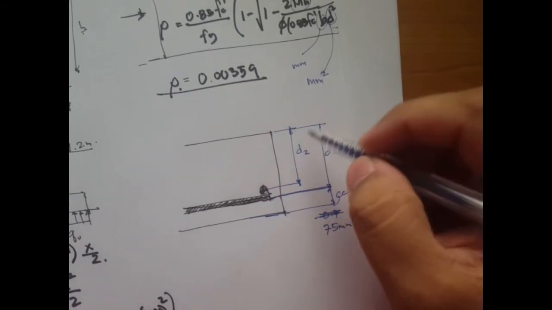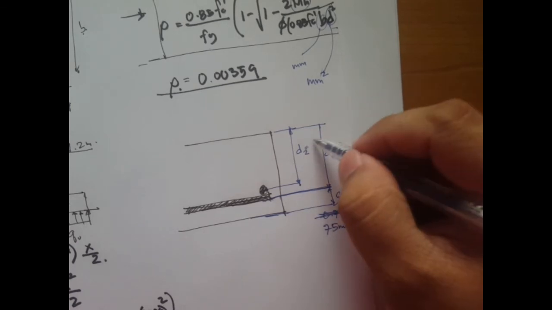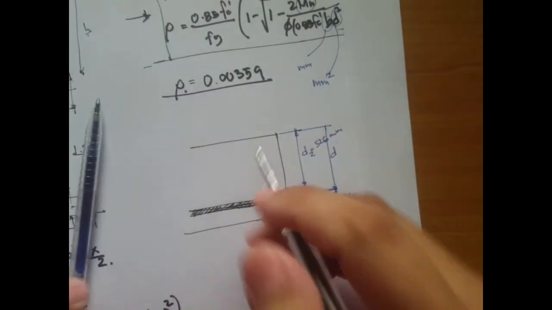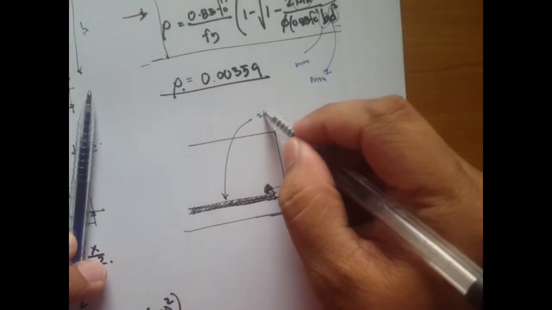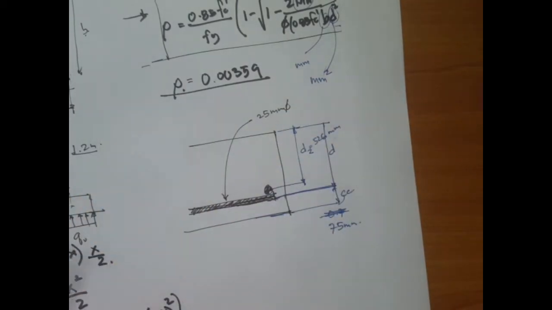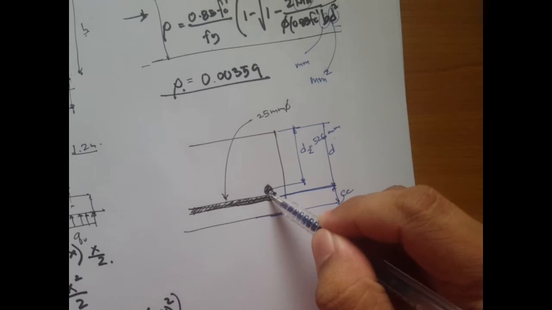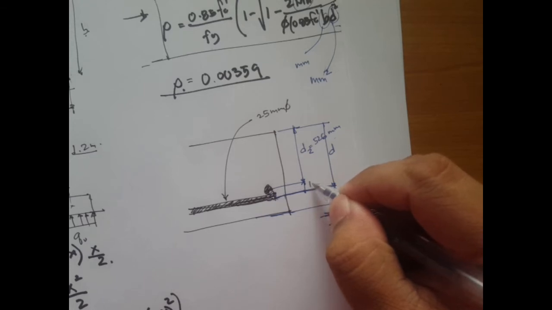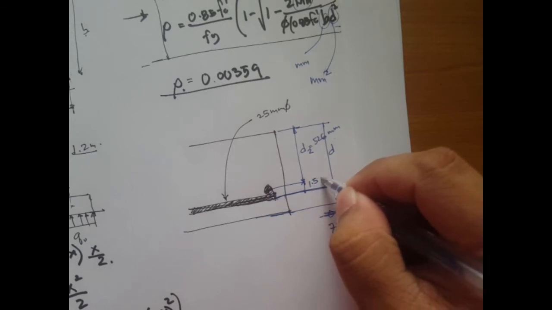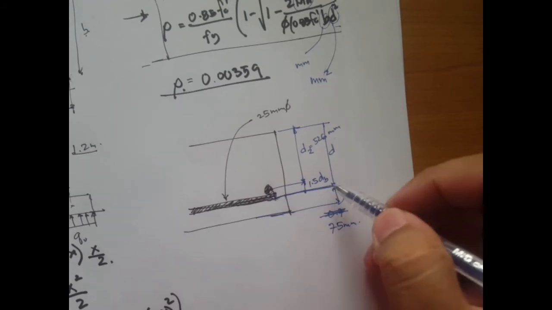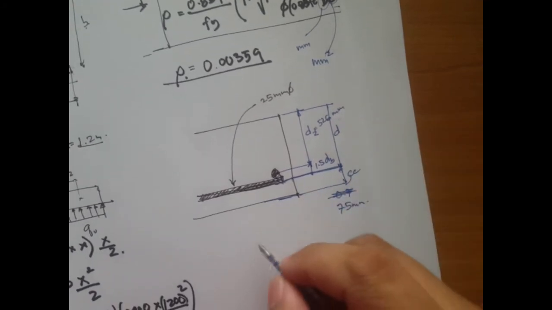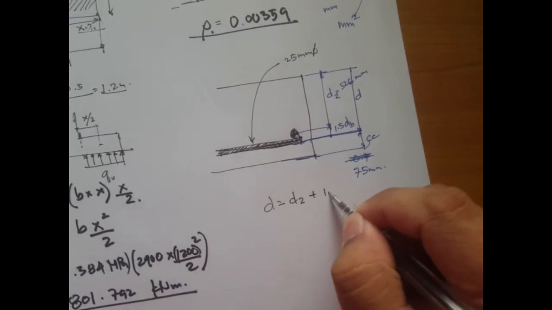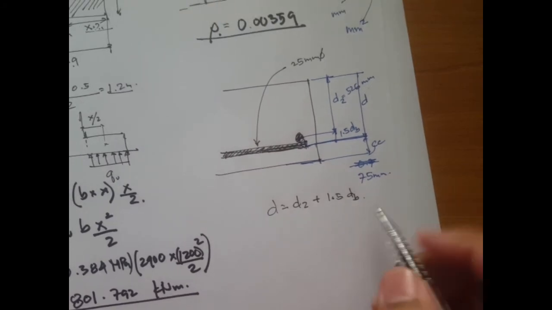We have a value of 526 millimeter, and we're also given that these bars are 25 mm diameter bars. So this is 25 mm plus half of the 25 mm, which is simply 1.5 times the bar diameter. So therefore our D is D sub 2 plus 1.5 of the bar diameter.